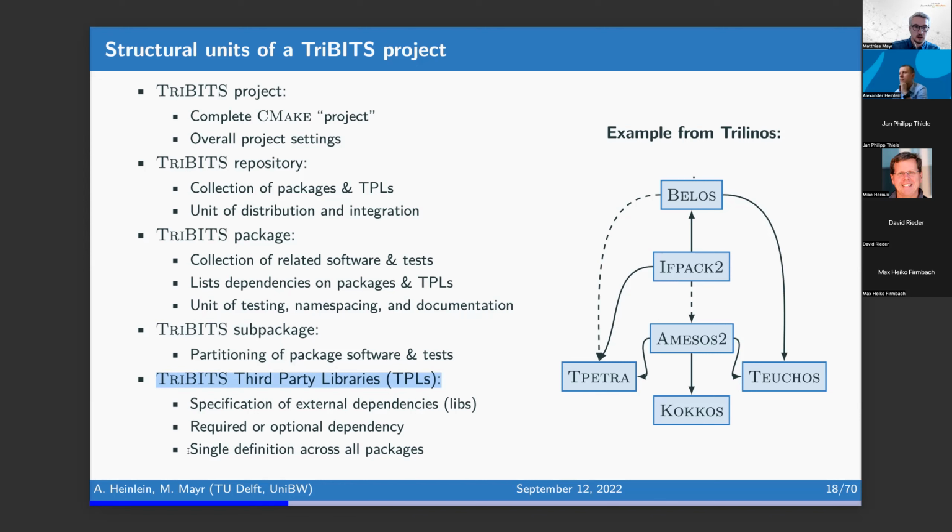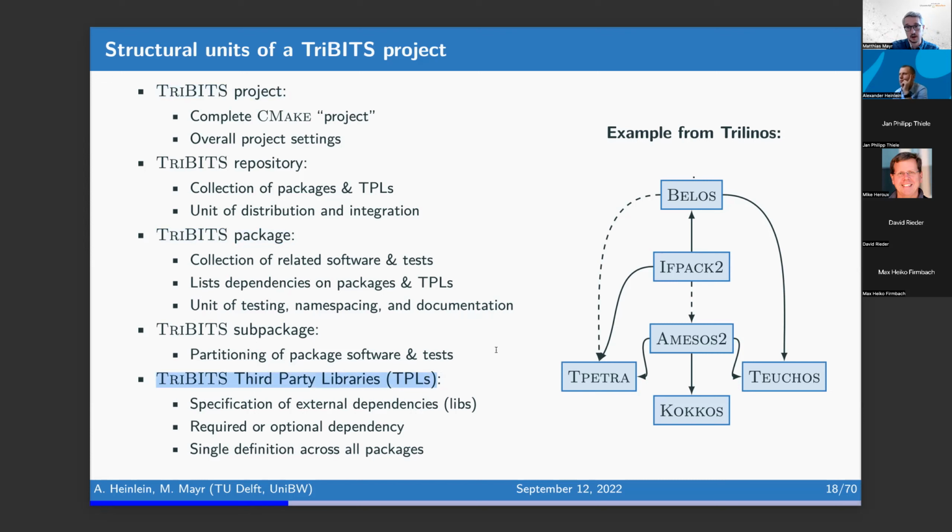The most important part that we're going to talk about today is this concept of a TriBITS package, and we also briefly will touch upon the project and the third-party library part.